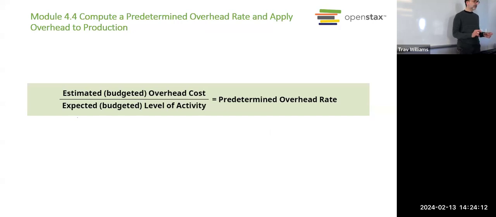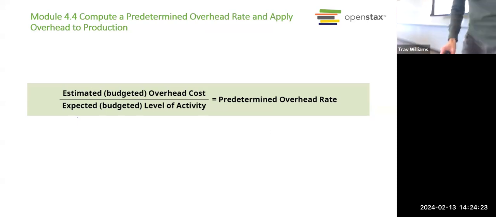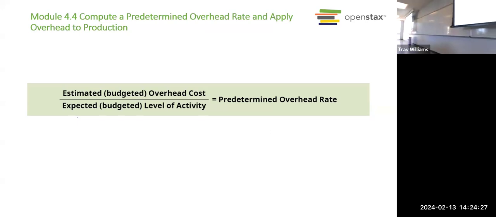So again, this is the formula that we've seen before. The way you come up with your overhead rate, you need to estimate your annual overhead. So estimate what your overhead is, what you think it's going to be, or what you budget it to be. Pick your activity.